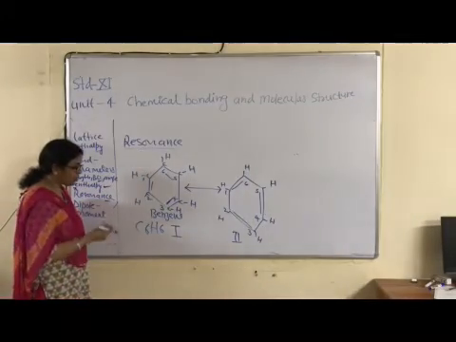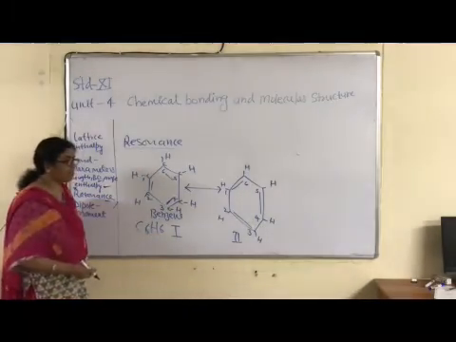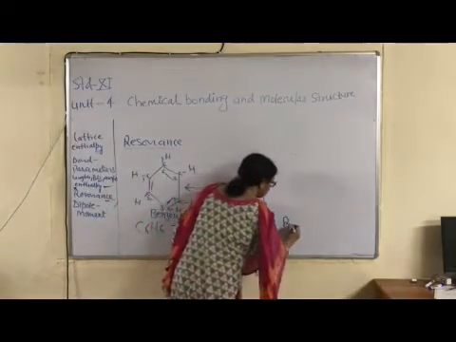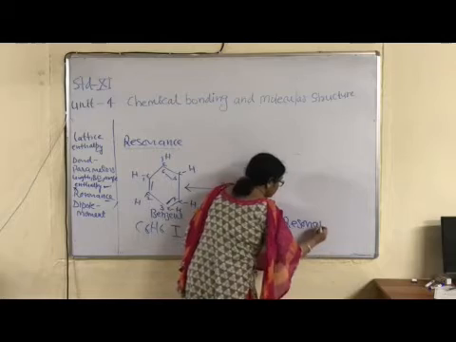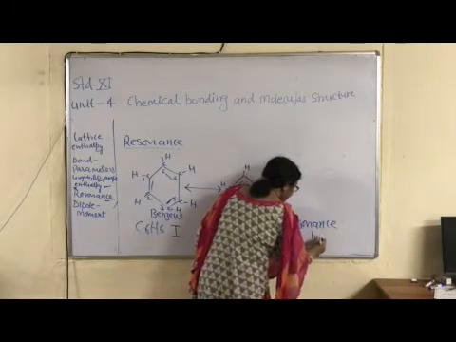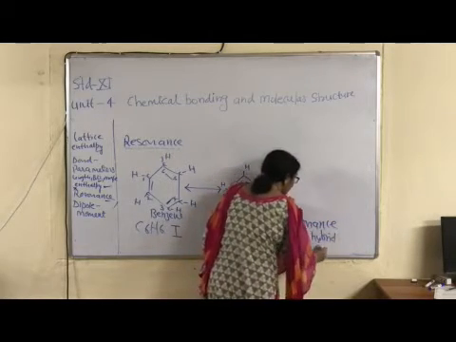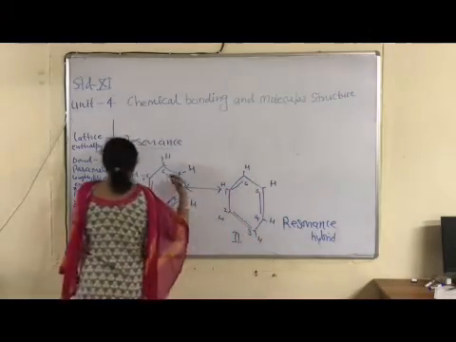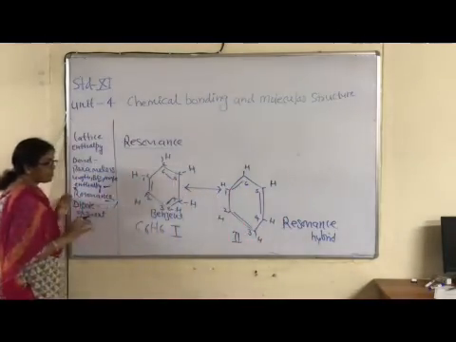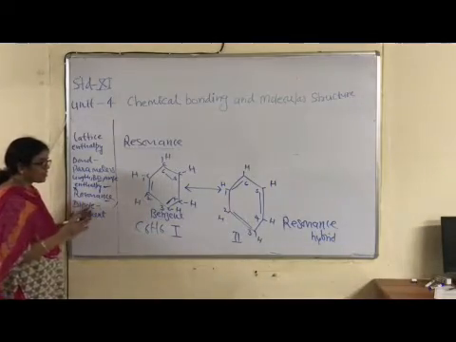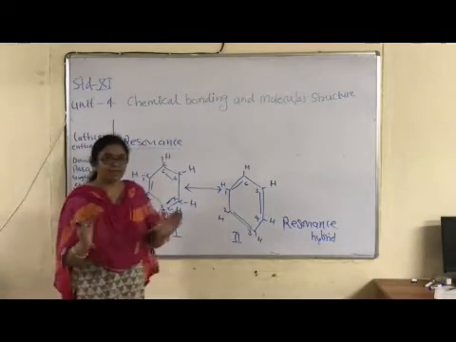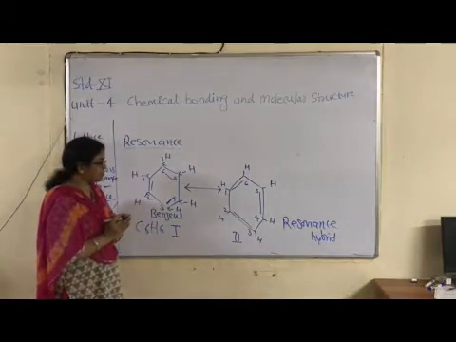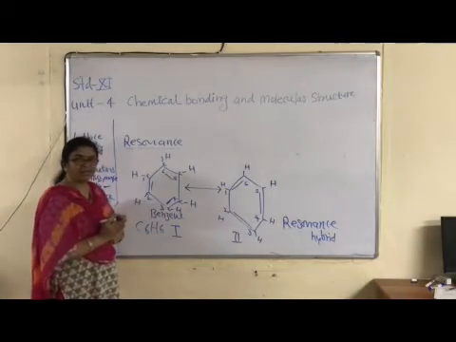Okay? Each contributing structure is known as a resonance hybrid, or canonical form. Why resonance hybrid? Because each structure is associated with interconversion, and hybrid means each structure possesses the same bond character.